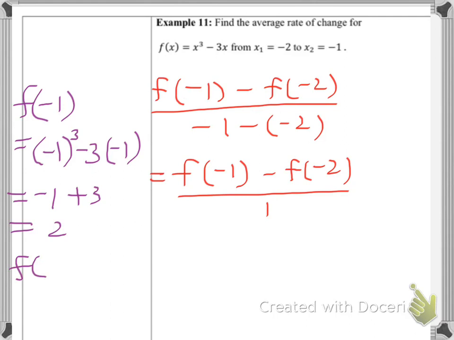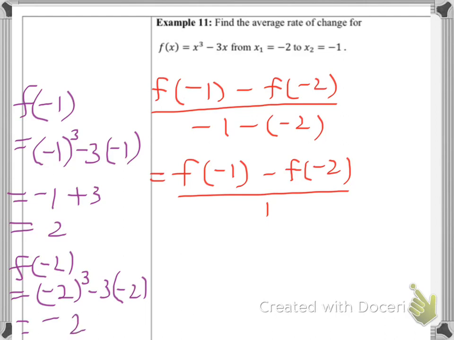And then f of negative 2, I'm running out of space here, is negative 2 cubed minus 3 times negative 2. Since you did this already, that should simplify to negative 8 plus 6, so that's a negative 2.